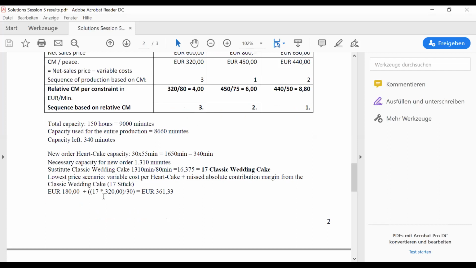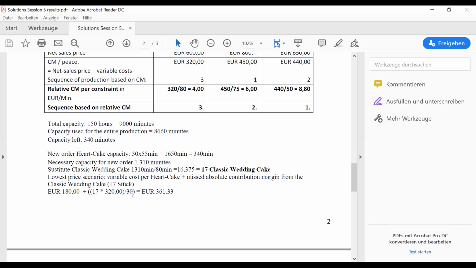So 17 times the absolute contribution margin of the wedding cake, 320. And then this would be 17 times 320, so 17 cakes. However, we need to calculate that for each one of the 30 hard cakes. And therefore, we divide that again by 30.